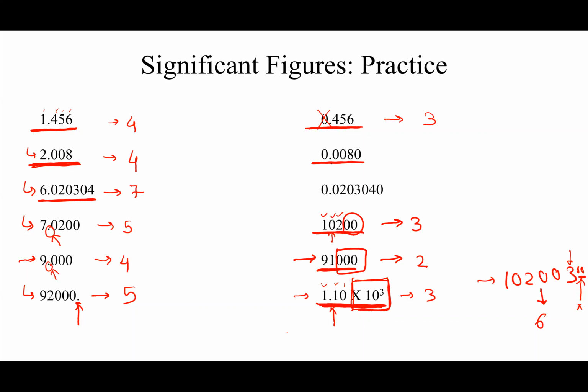All right. Interesting. I feel like it's 3. Let's look at the rule. The number is less than 1. It is. Then all the 0 before your first non-zero number are not significant figures.